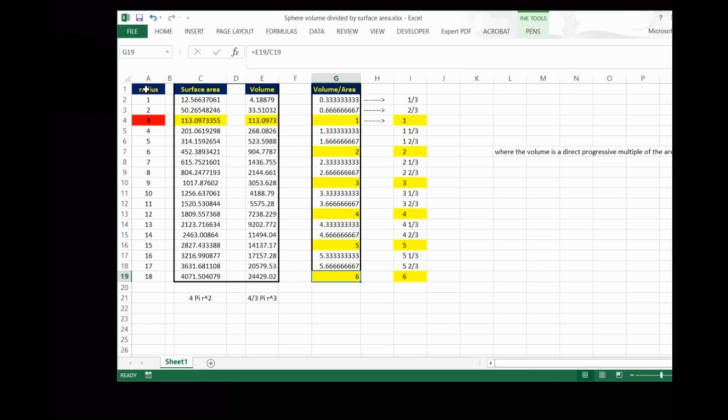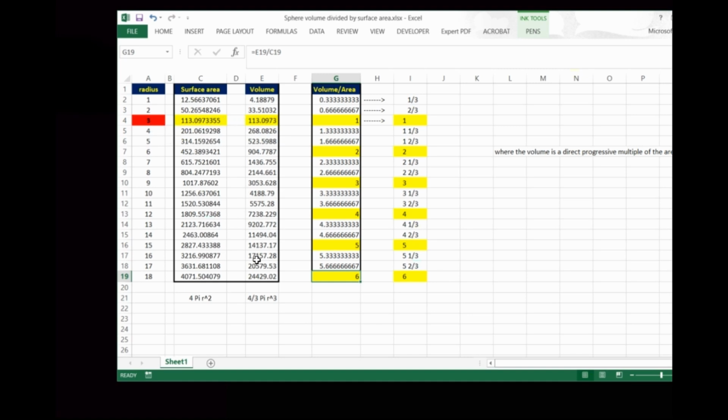Radius first, column A, I went 1, 2, whole number progressions. So it's sequentially increasing there. I worked out the surface area using the formulas we just used, and the volume, the formula we just used. There's the 3. That is confirmed in Excel.